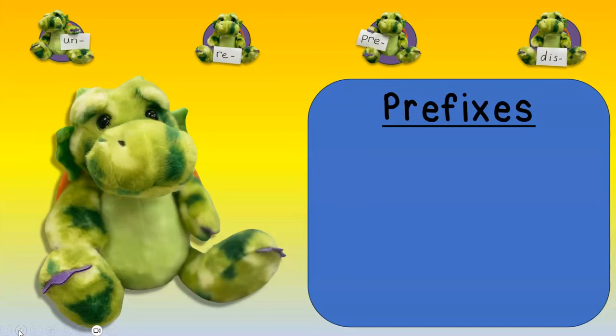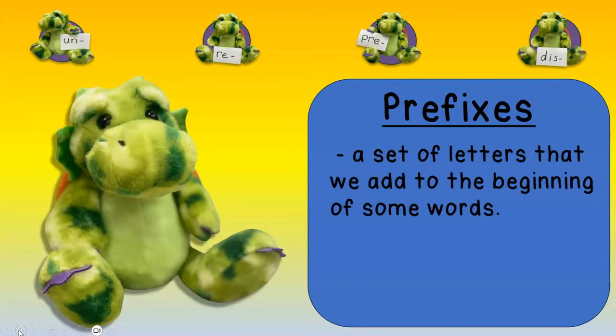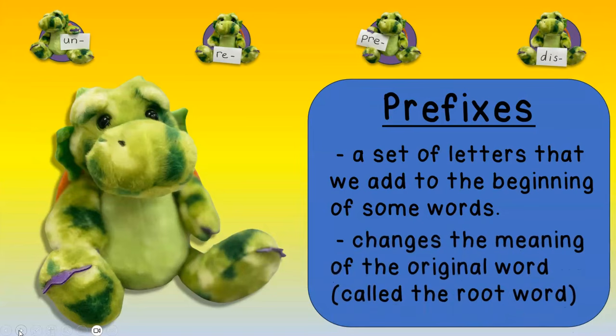Alright, so let's review very quickly before we end this video. Prefixes are a set of letters that we add to the beginning of some words. Those words are called root words. And when we do that, they change the meaning of the original word, the root word.